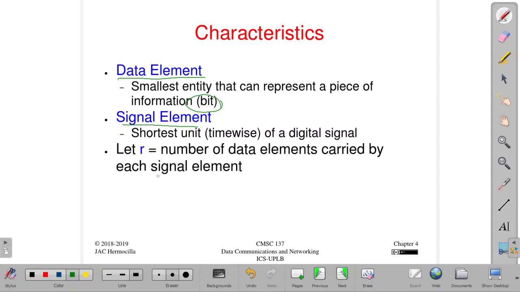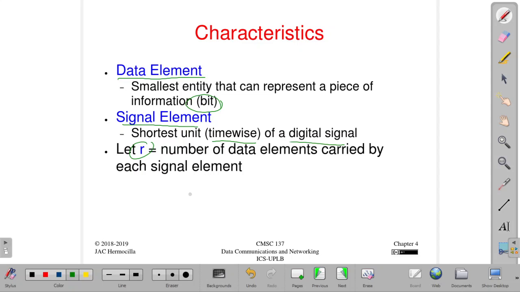A signal element is the shortest unit, time-wise, of a digital signal. Okay? So we have data element and signal element. We can define a variable r, which is the number of data elements carried by each signal element.